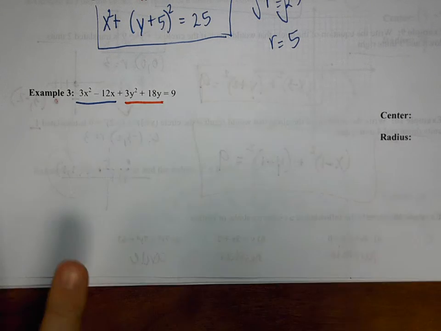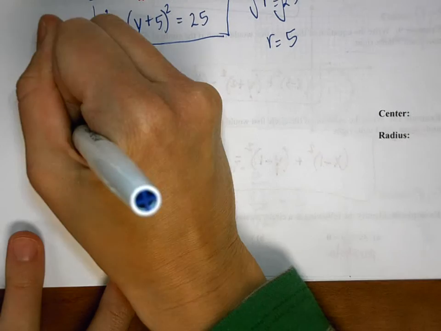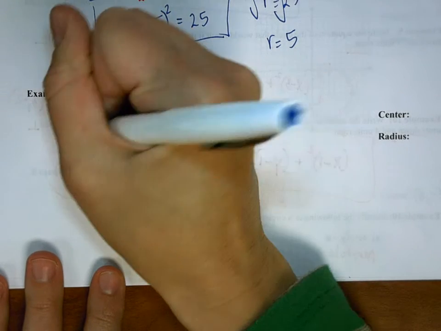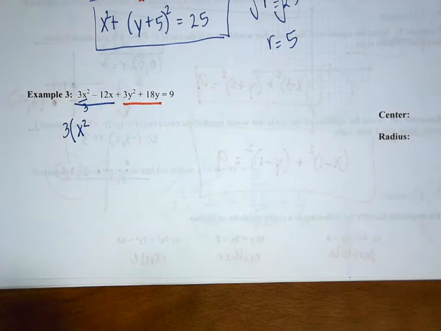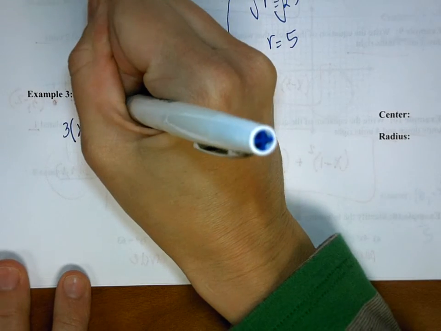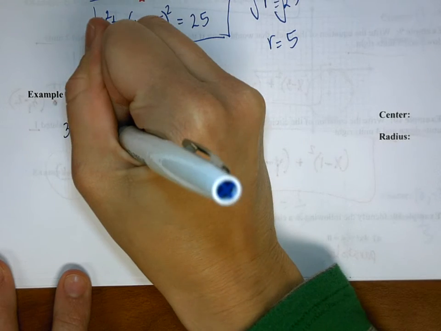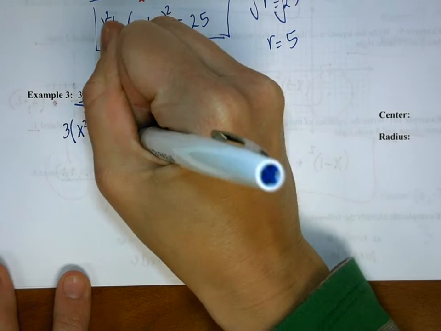So starting with the x's, I would factor out a 3, make my parenthesis, which means I would divide this by 3 and end up with just x squared, which is what I want. And then we would divide -12x by 3, which would make -4x. And then we still need plus our blank.